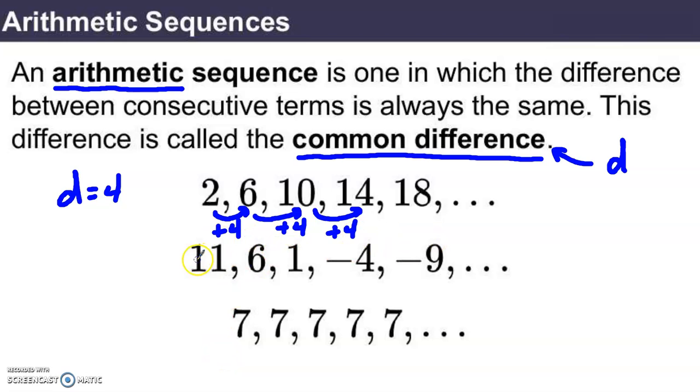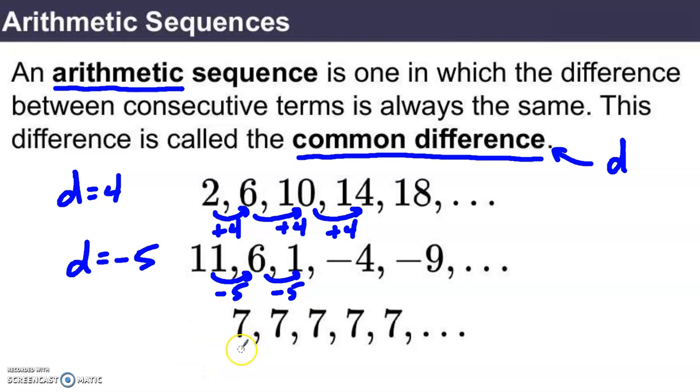You know, for this sequence 11, 6, 1, negative 4, negative 9, you can't really add to get from term to next term. You have to subtract. You have to subtract 5 each time. Well, in this case, we can just say that d is a negative number. Is this last one arithmetic?